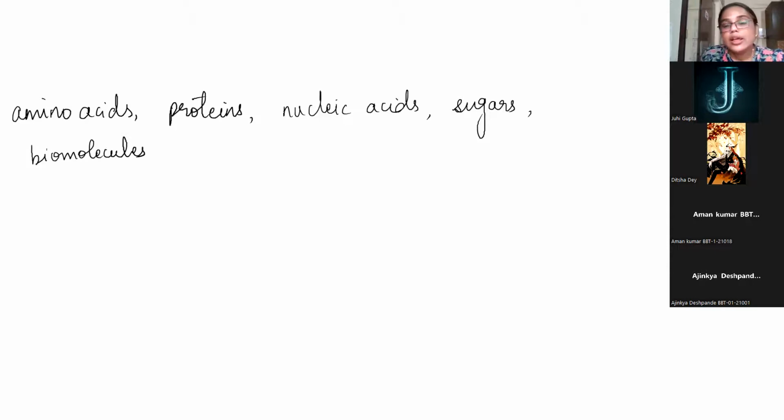Now, one more basic concept that I'm going to talk about is a little bit about light, that how light is electromagnetic. What is plane polarized light? Do you know what is plane polarized light? Have you all studied it in your 11th and 12th in physics? Or have you read it out of interest?